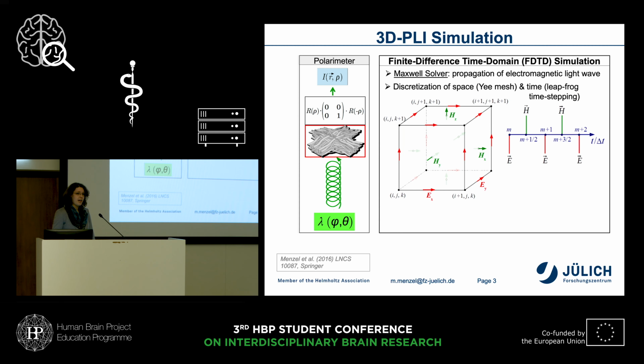The propagation of the light wave through the sample is simulated by so-called finite-difference time domain simulations. So here we have a spatial and temporal discretization, and then we approximate Maxwell's equations by so-called finite differences. I cannot go into detail here, but you can come and see me at my poster later on.